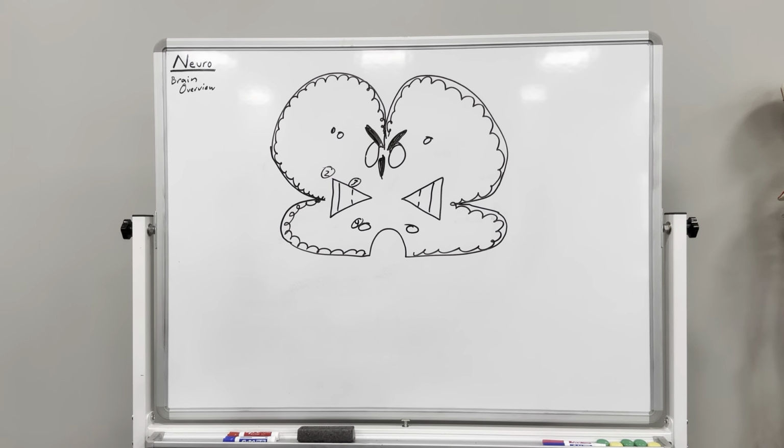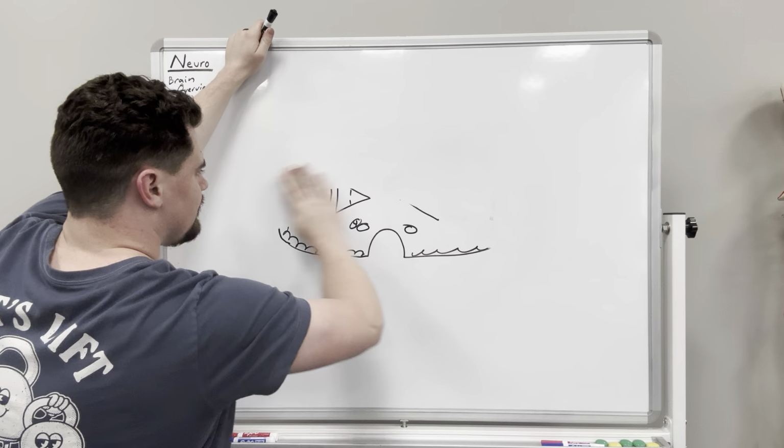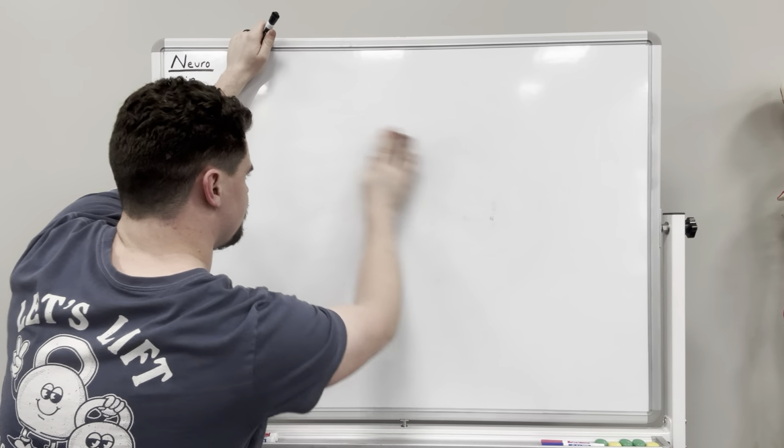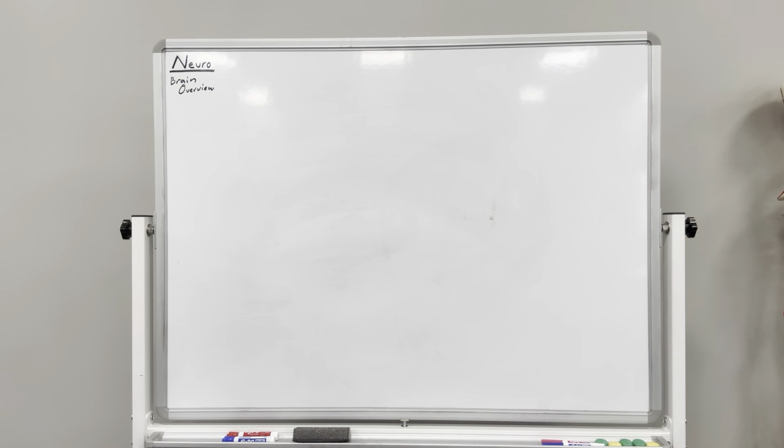Let's talk more so about the divisions. And I think the best way to go through the divisions makes it a little bit more complicated, but I think it is the best way of covering it. So let's see here. It is going to be embryological development.